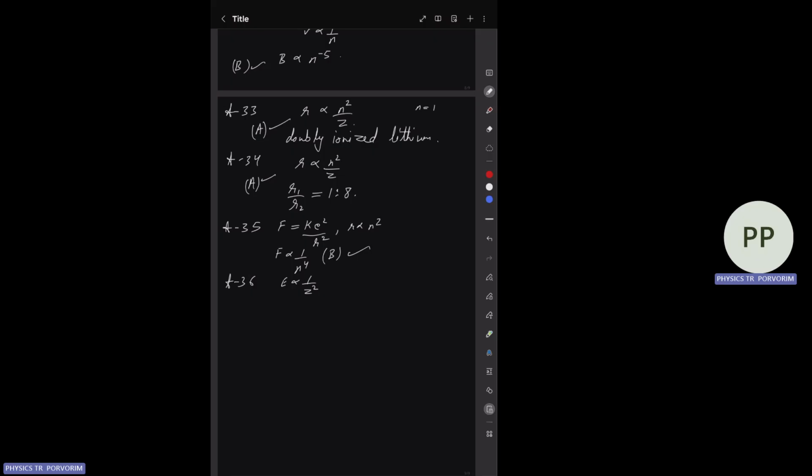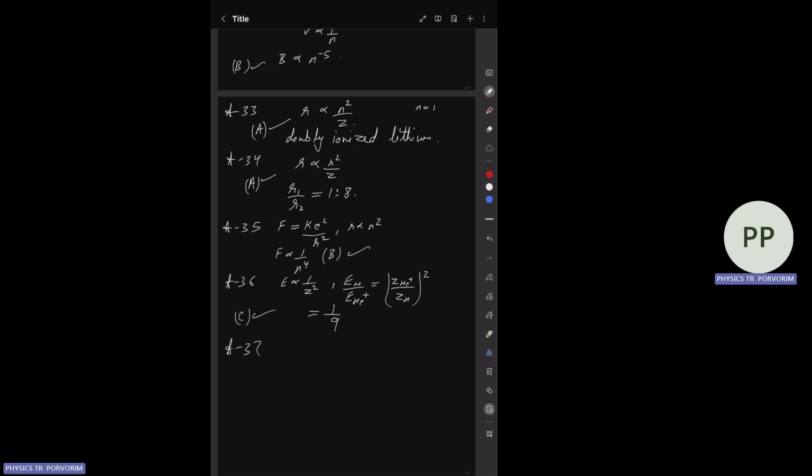So the ratio H by He plus will be equal to Z of H by Z of He plus, whole square. Putting the values and solving, we get 1 by 9. So option C will be correct.